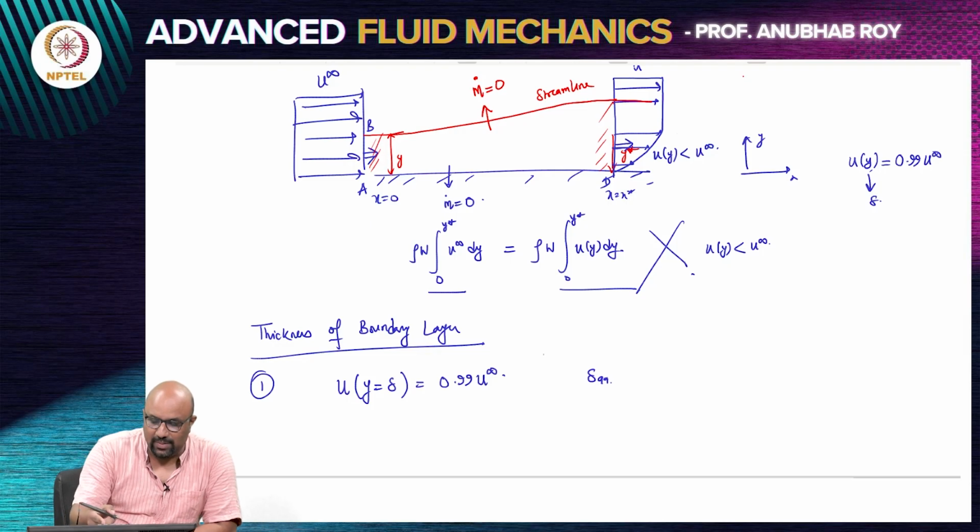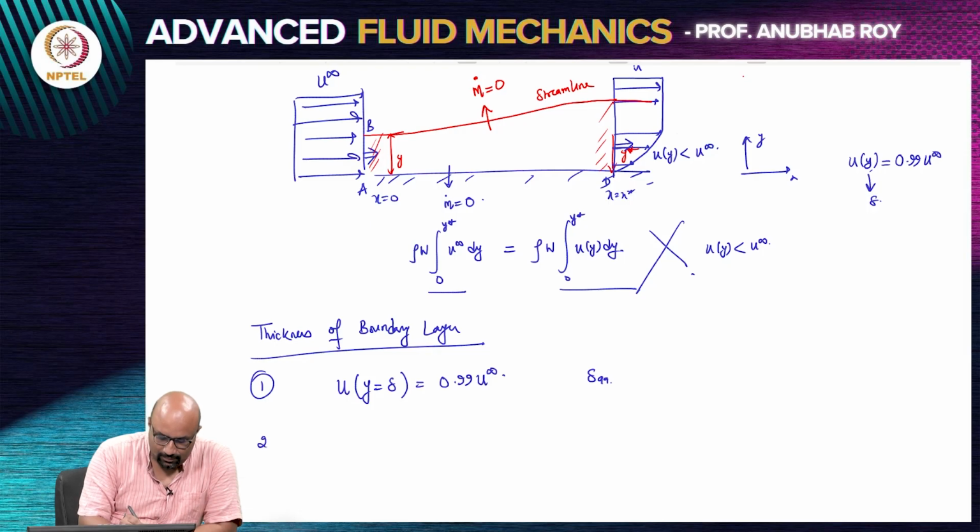Another way of doing it is based on the picture that we have displayed here, in terms of deflection of the streamline. So, we can then say what a boundary layer is based on displacement or deflection of streamlines.